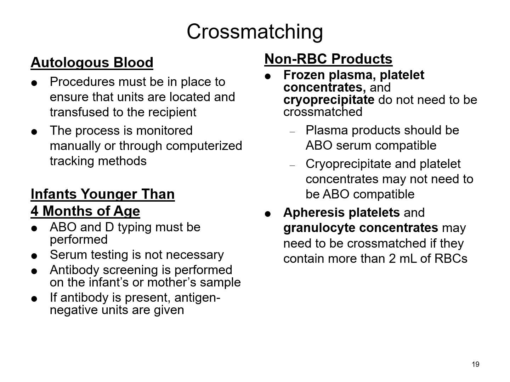For non-red blood cell products, like your fresh frozen plasma, your platelets, and cryoprecipitate, they do not need to be cross-matched because you're giving ABO compatible. If you have situations like your pheresis platelets or granulocytes, I've actually seen pooled platelets like this.